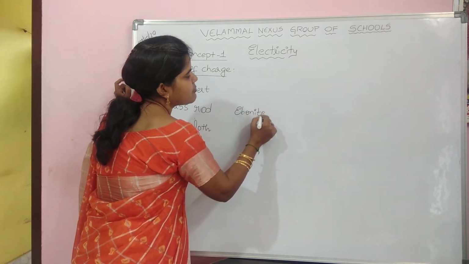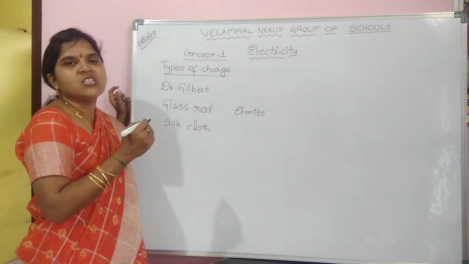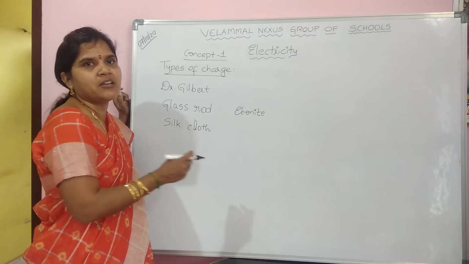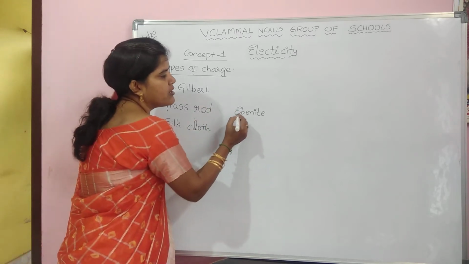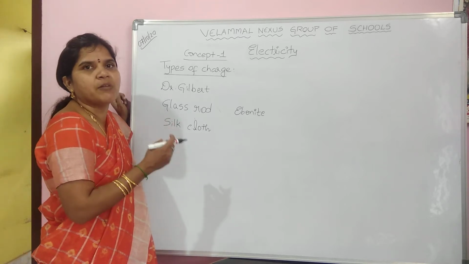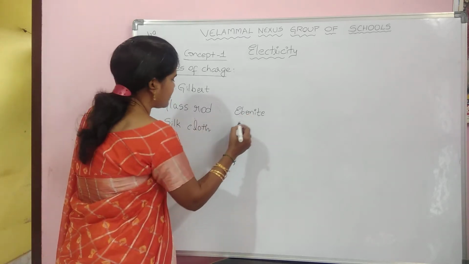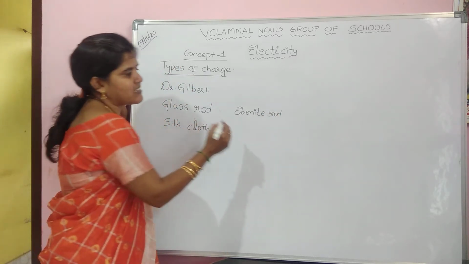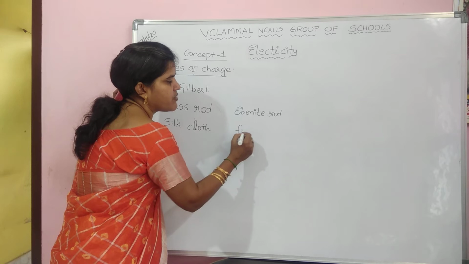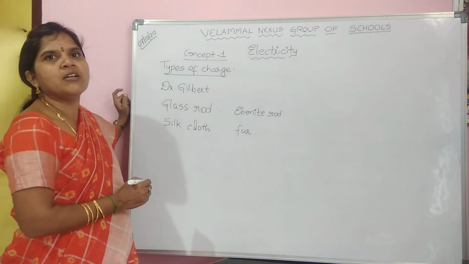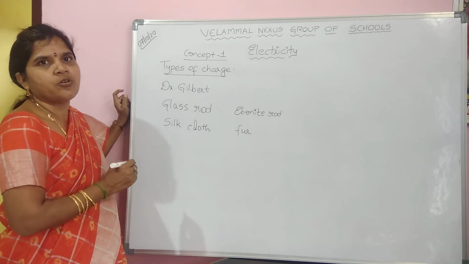It is a material made up of high quality vulcanized rubber. Ebonite rod should be rubbed with cat skin or fur, which you can take. This is one of the suitable materials which you can rub with ebonite rod.